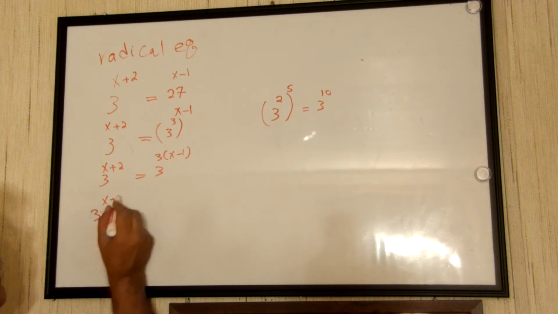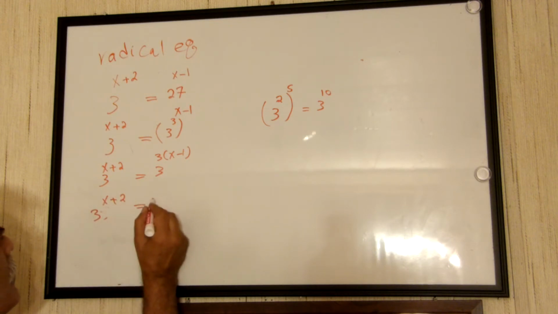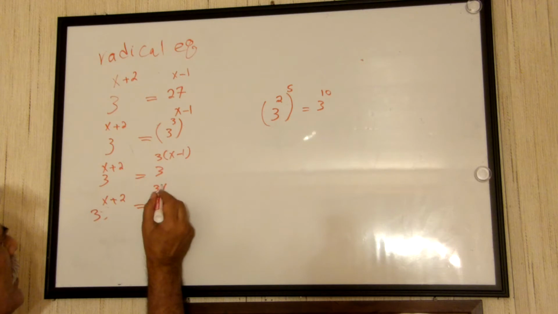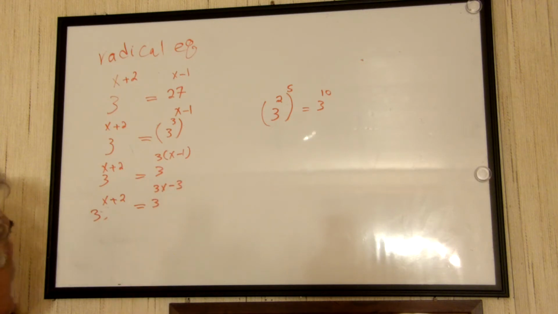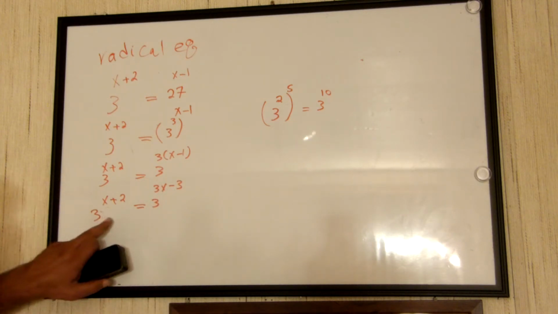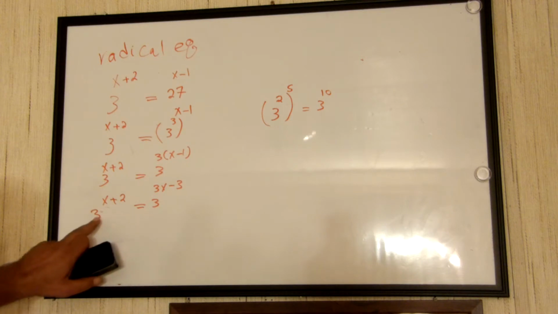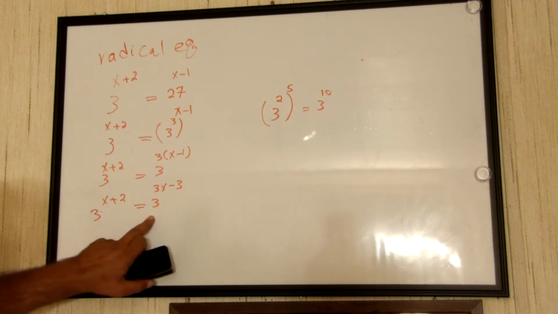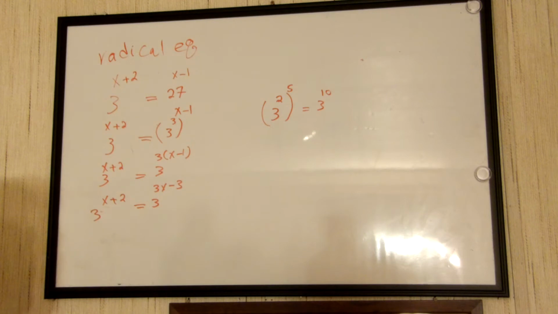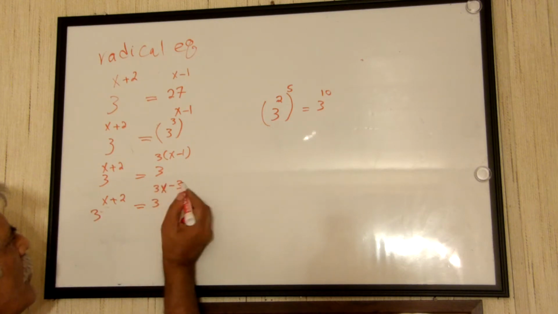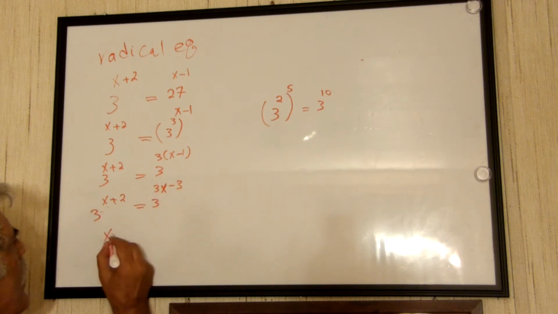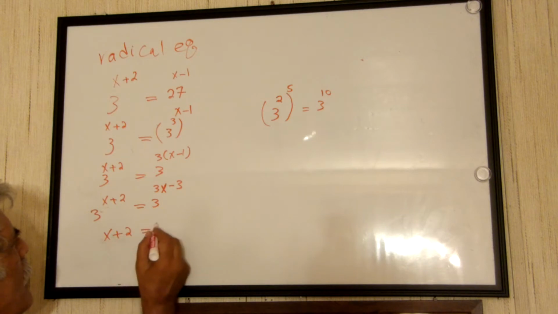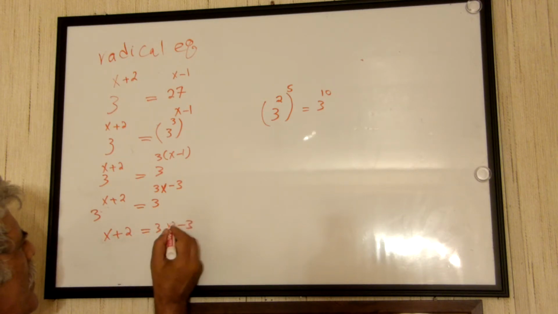So 3 to the power of x plus 2 is equal to 3 to the power of 3x minus 3. When the bases are equal, the exponents must be equal too, which means x plus 2 is equal to 3x minus 3.